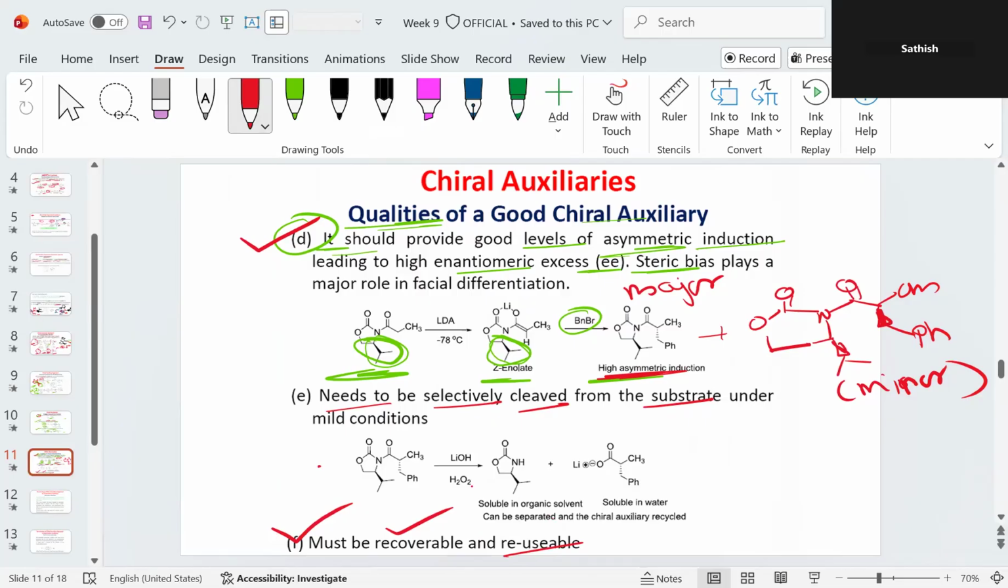In this case, if you look here, this is one of the examples of the chiral auxiliary, and this substrate is soluble in the organic solvent and can be separated, and the chiral auxiliary is recycled. However, the product we have is soluble in the water. So basically in this case, we are able to remove the chiral auxiliary from our formed product, right?